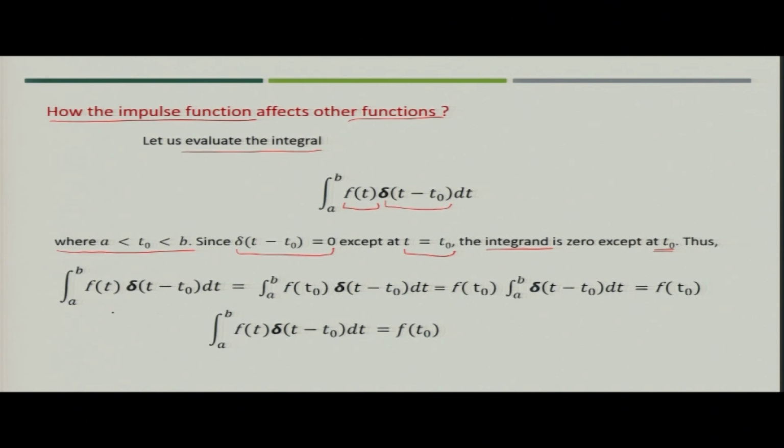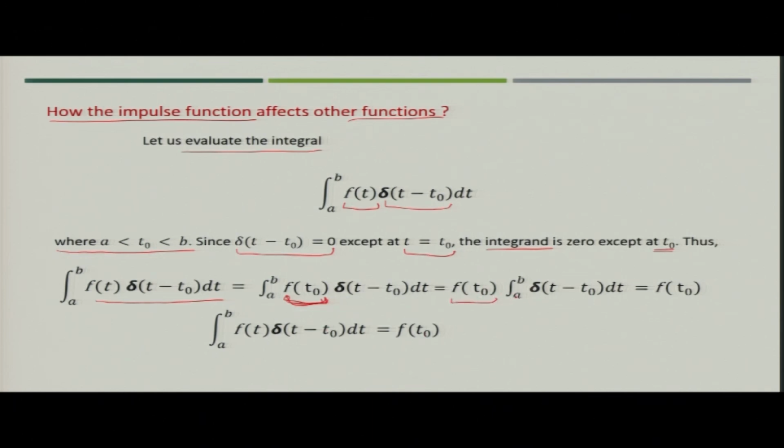Therefore, you can simplify this function as the integral from a to b of f of t naught delta t minus t naught dt, because for other values this is 0. So, you are left with only this at time t equal to t naught. Now, at a particular value this function value will be constant, so you can take it out of the integral.